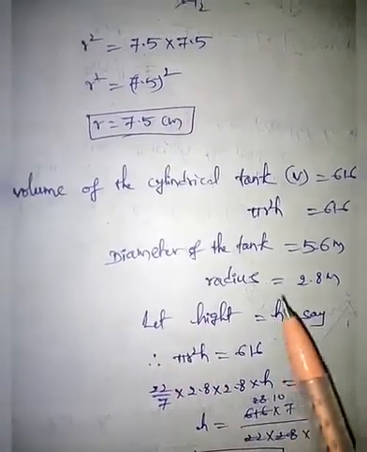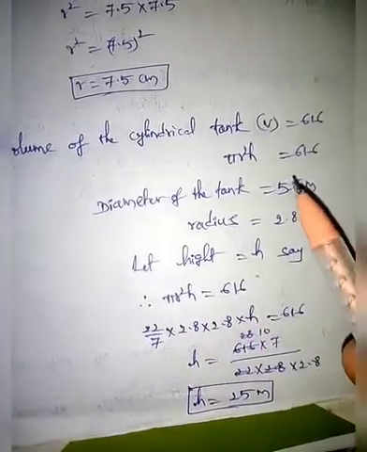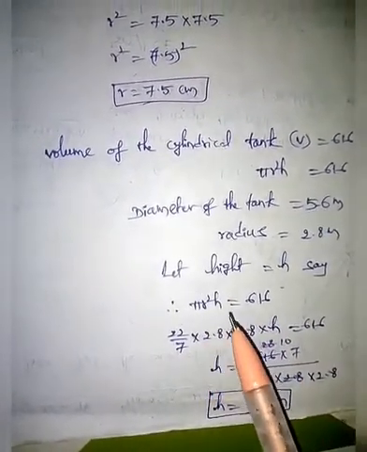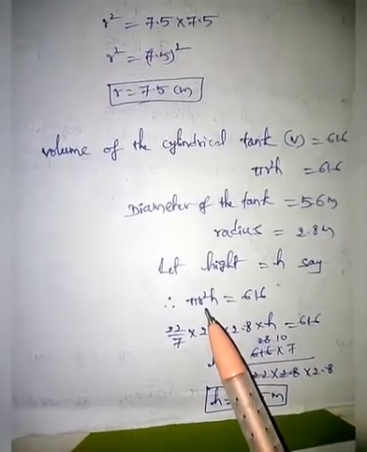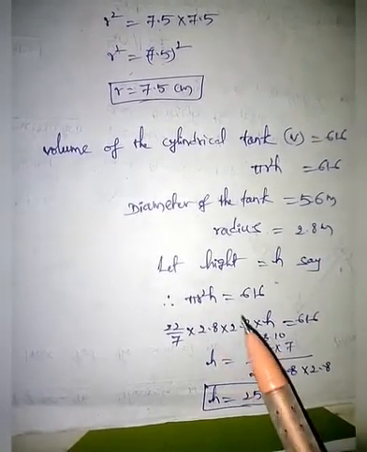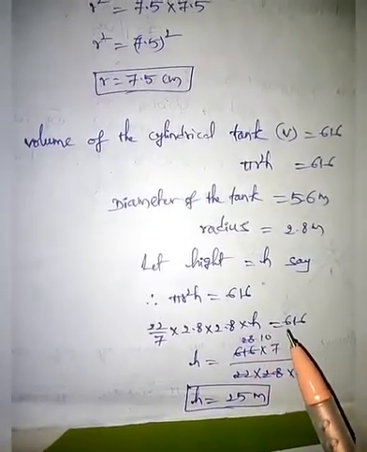So let the height of the cylindrical tank be h units. Substitute r value and h value in the volume of the cylinder formula, that is pi r square h equal to 616. Pi means 22 by 7, r square means 2.8 into 2.8, and we don't know the h value, that's why write it as it is, h equal to 616.